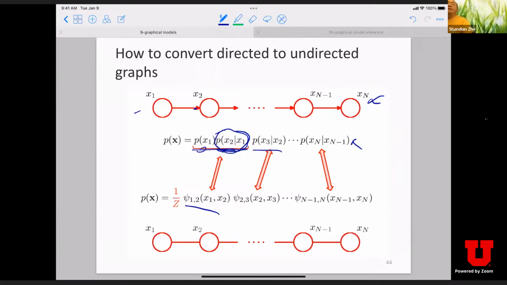So we have the second potential function, psi of x2, x3, defined on this clique. The first one, psi 1,2, is defined on this clique, and so on. So you can see that it's pretty straightforward to map the conditional probabilities to the potential functions in this chain network.